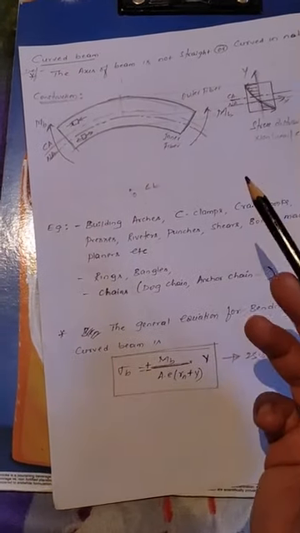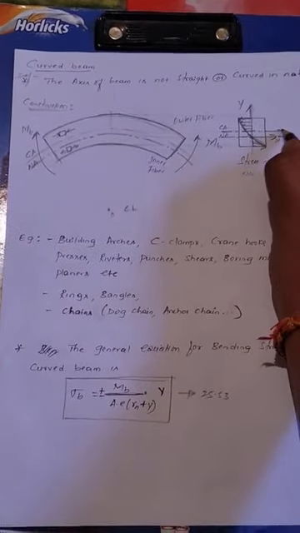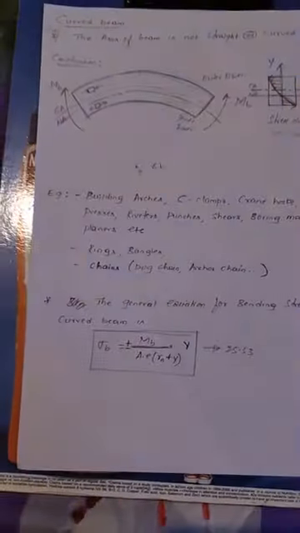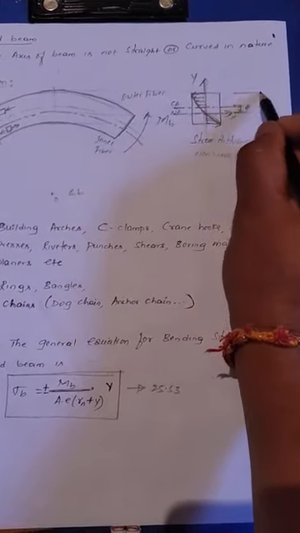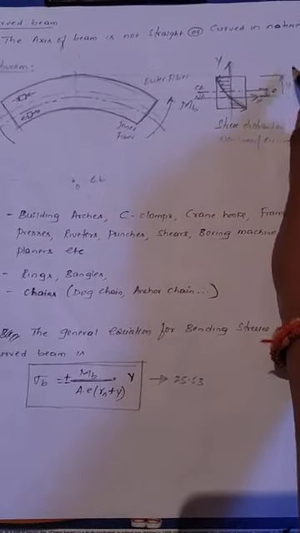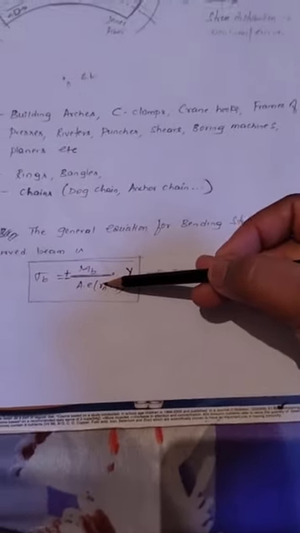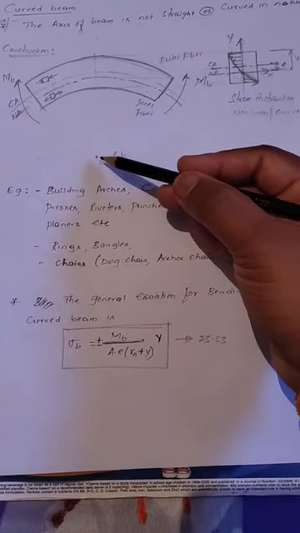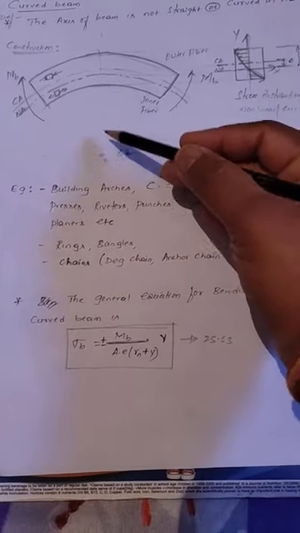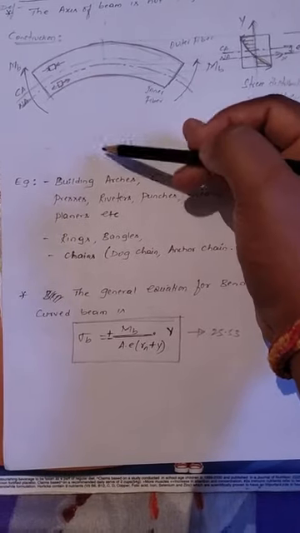A is the area of the cross section. e is the distance between the central axis and the neutral axis, which we call the eccentricity. y is the distance from the neutral axis to the outer fiber, in the positive or negative y direction. And rn is the radius of the neutral axis, from the center of curvature to the neutral axis.